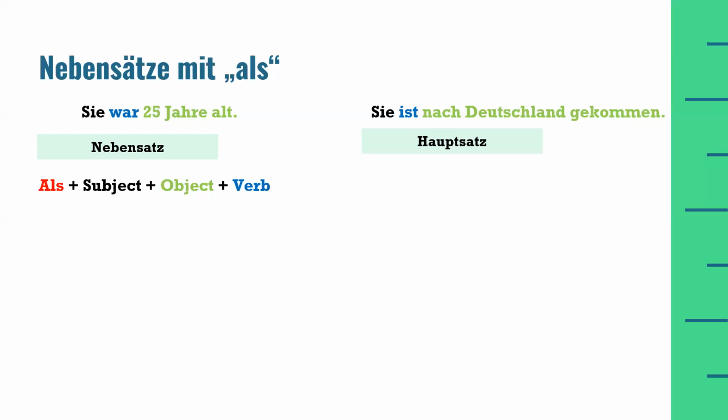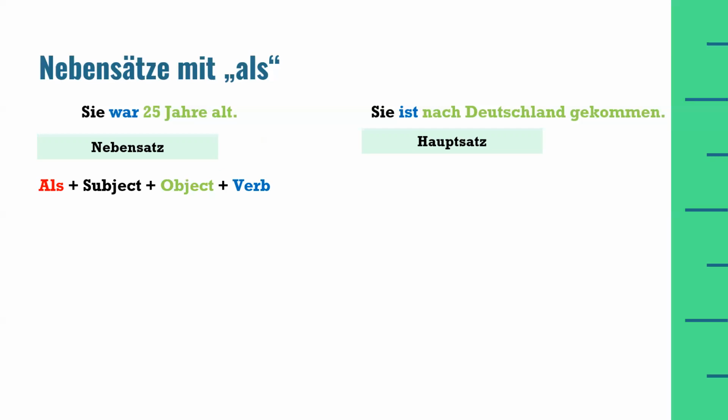Now let's have a look at the sentence structure that we have to follow if we want to use the conjunction als to connect both sentences that we have mentioned above. We can put the Nebensatz first and the Hauptsatz after that, or we can switch the positions. But in today's lesson, we will keep the Nebensatz first and put the Hauptsatz after it.